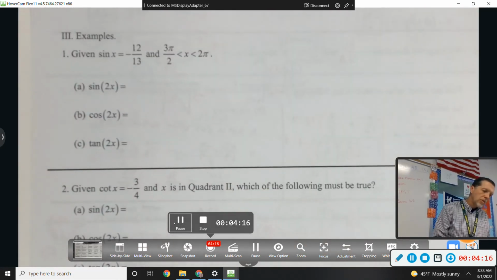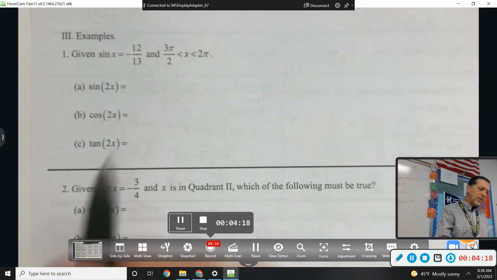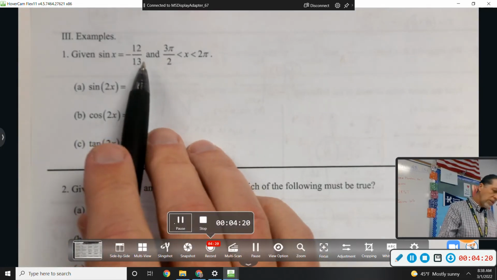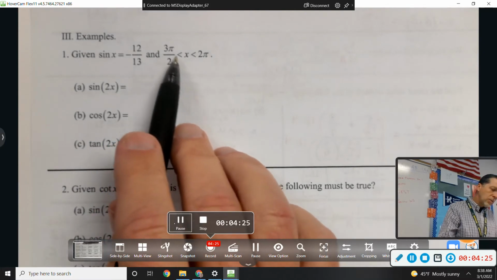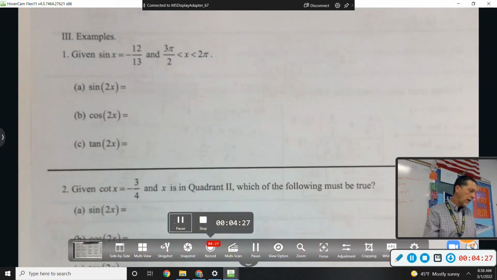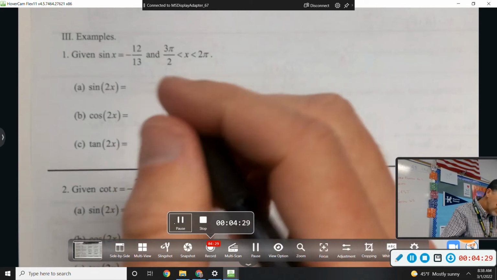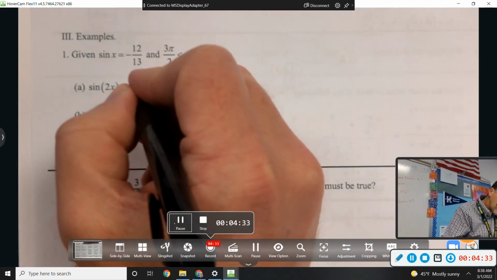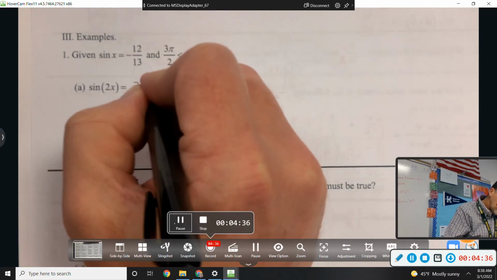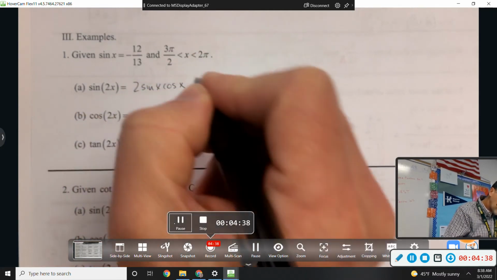All right, some examples. Given that sine of x equals negative 12/13, and x is between 3 pi over 2 and 2 pi. So sine of 2x is 2 sine x cosine x.